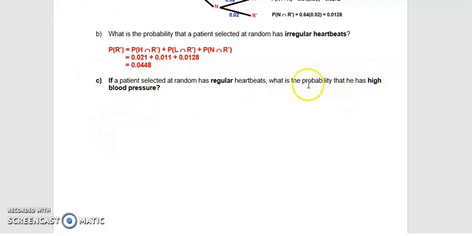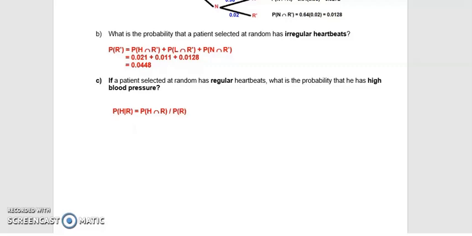P of he has high blood pressure, H, given, since if means the condition, given that he has a regular heartbeat, given R. This is equal to the probability of H intersect R divided by the condition, the probability of R.